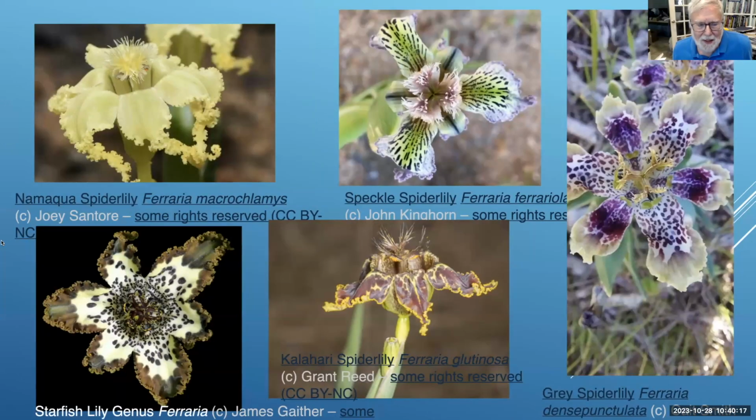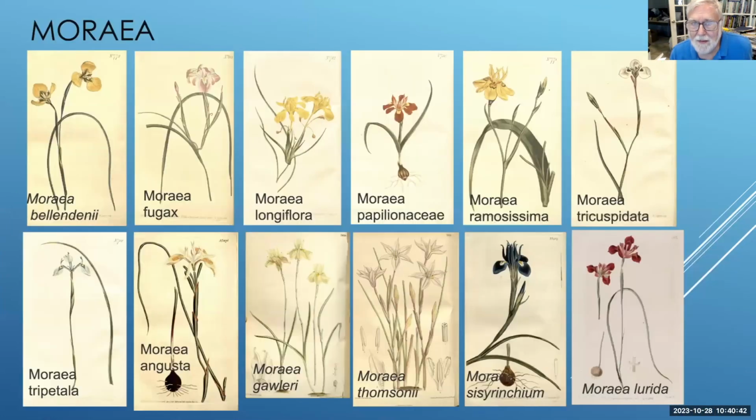I was really enthralled with these. But to me, that's as exotic as any orchid could be. Well, enough, I guess, of the Ferrarias. Let's go to the next slide.